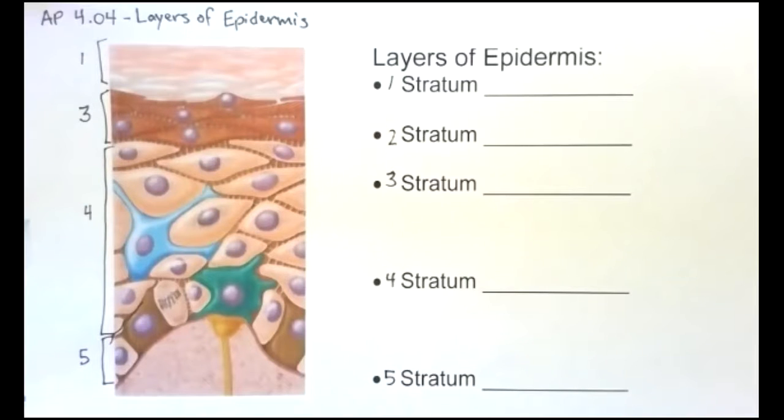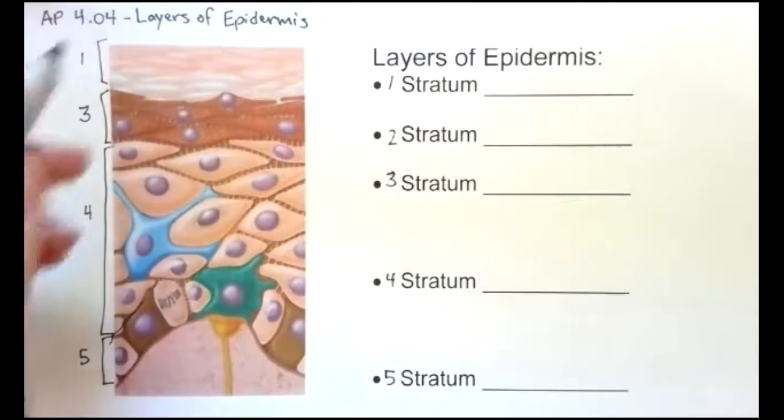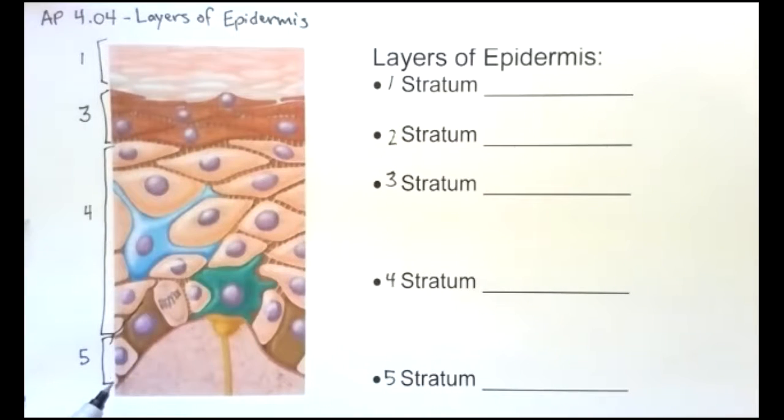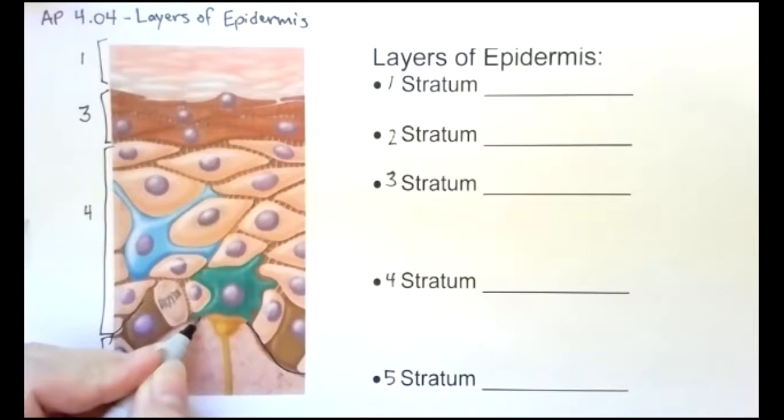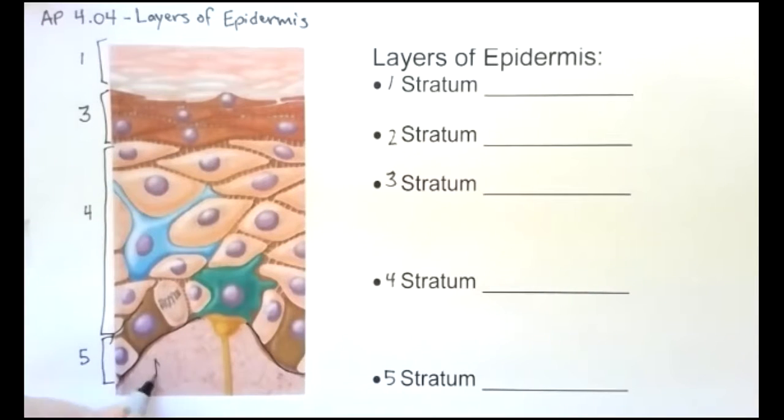Strata just means layer. But we have to be careful because we've got a lot of different terms going on here. We talk about the whole epidermis being a layer. We talk about the stratum being layers, but then we also talk about the number of cell layers. For example, this is the dermis, the layer below the epidermis. So this entire structure is the epidermis.